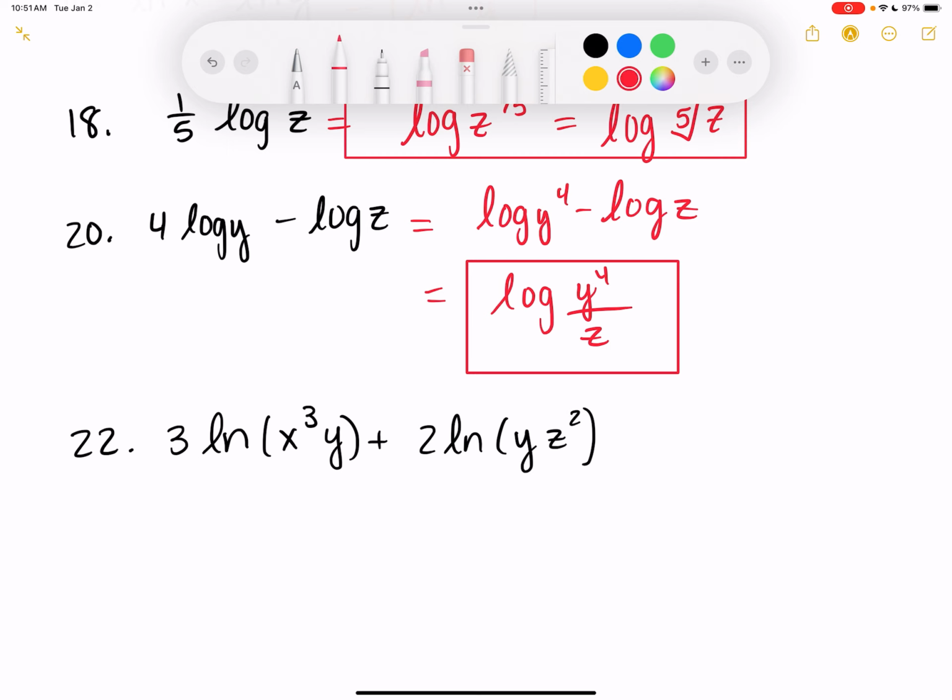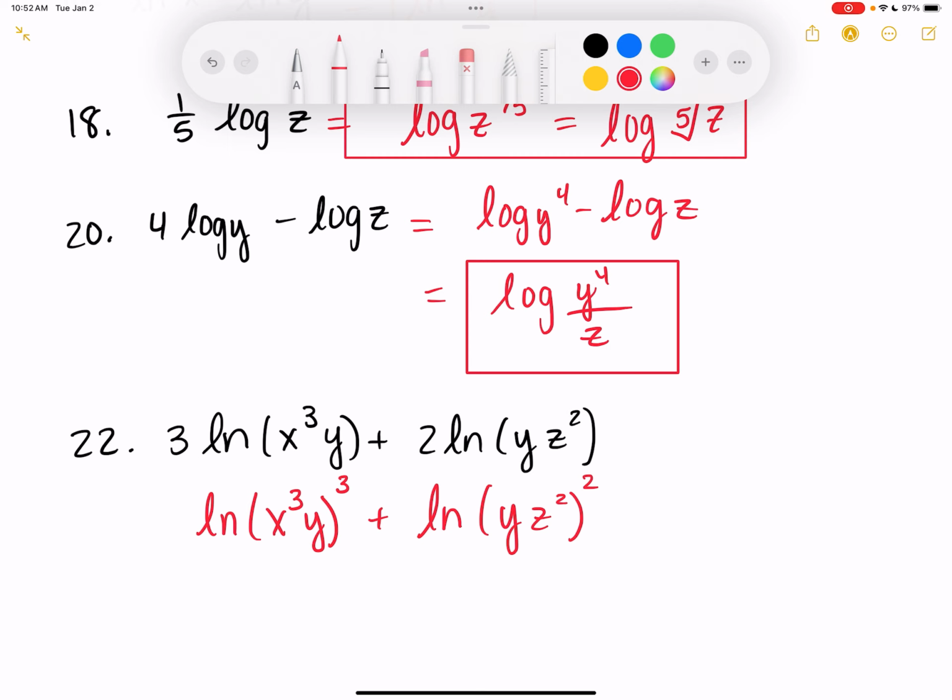All right, so step by step, I'm going to have ln of x cubed y, all that cubed, plus ln of yz squared, squared. So I would take that power personally and put it on each thing before you go any farther.